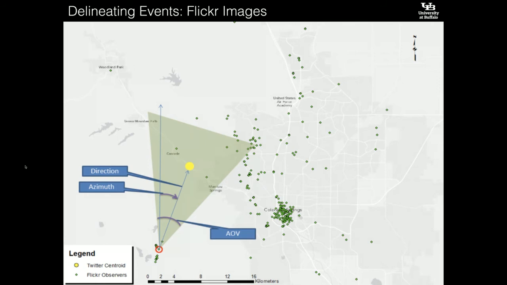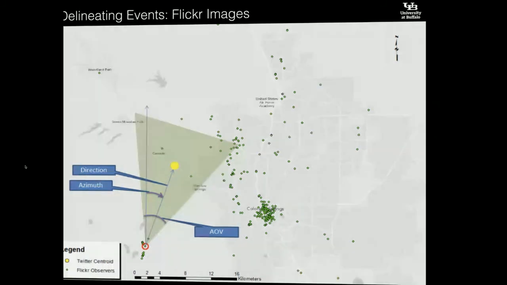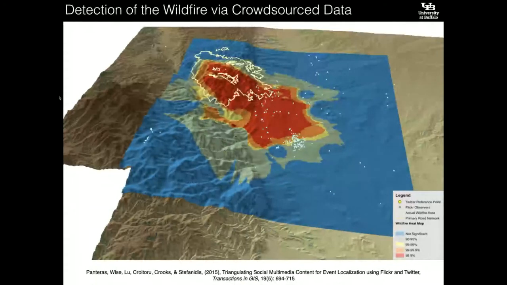We can do some very simple triangulation and try to estimate the extent of the wildfire zone. So this is our interpolation of potentially where the wildfire was in this event. This outline is the actual event itself, the wildfire, and this is where the model is predicting there's going to be a wildfire occurring.